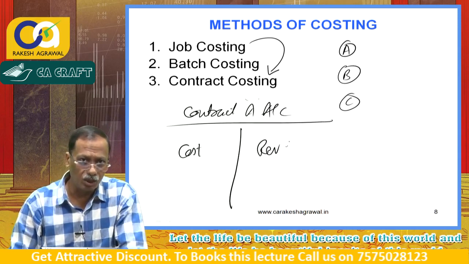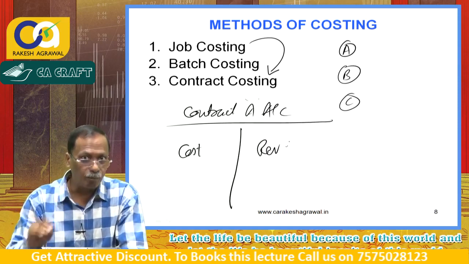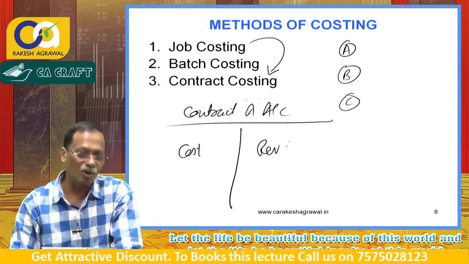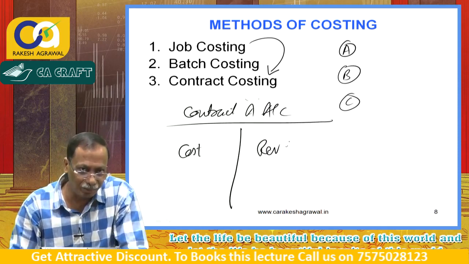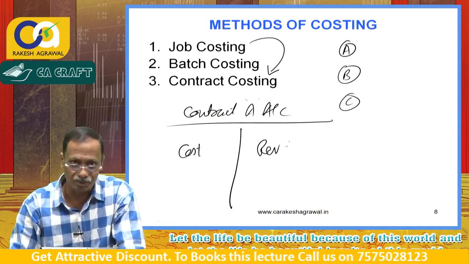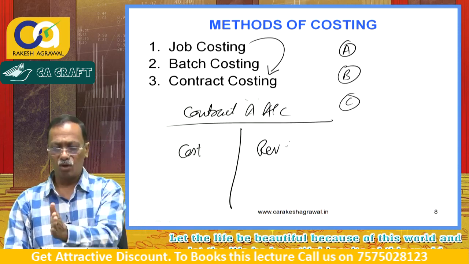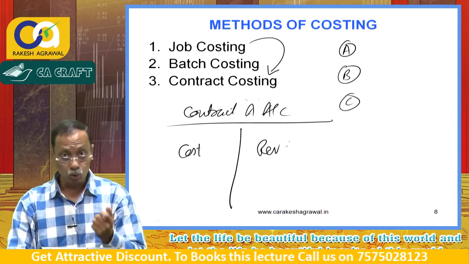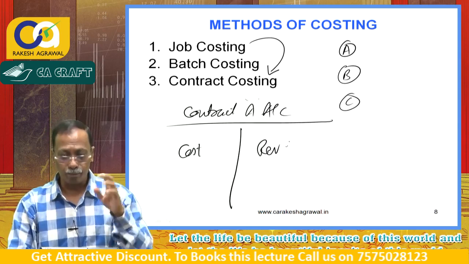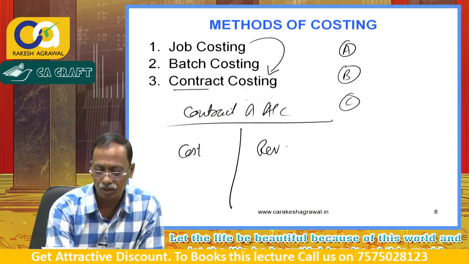We used to call the profit of an incomplete contract notional profit, because it is not actual profit, the work is not yet complete. So contract-wise records I will maintain, contract A, B, and C accounts, to ascertain the cost and profit of each contract separately. It means I am using contract costing.